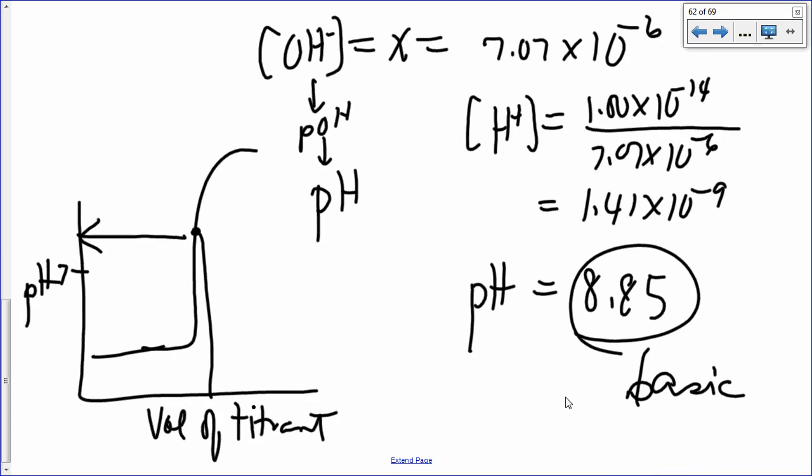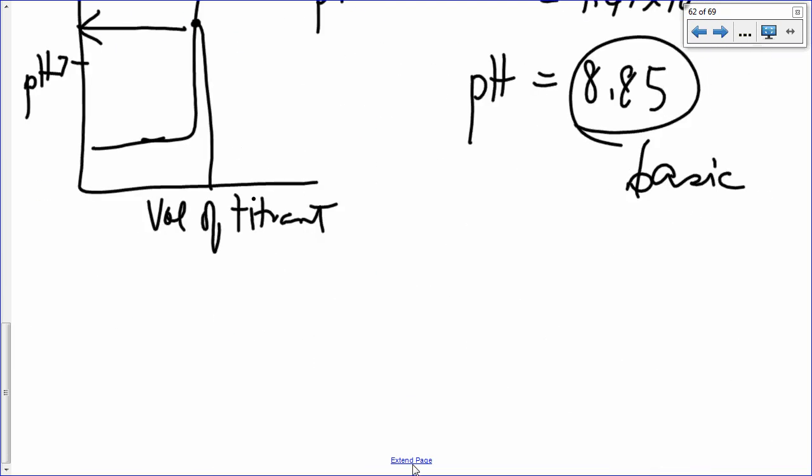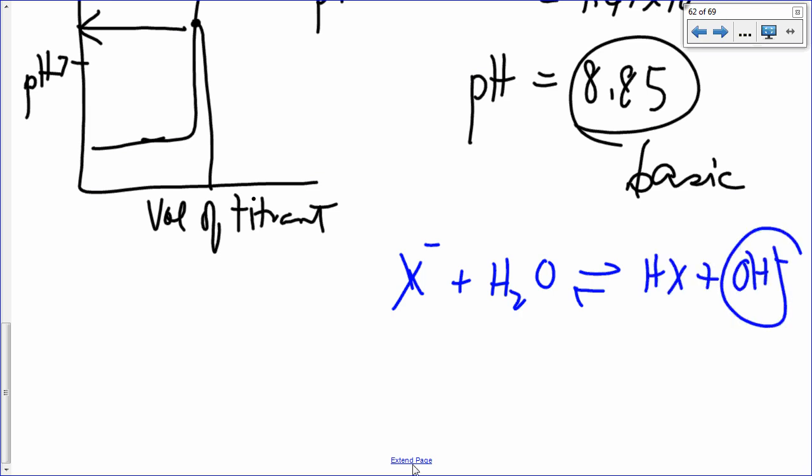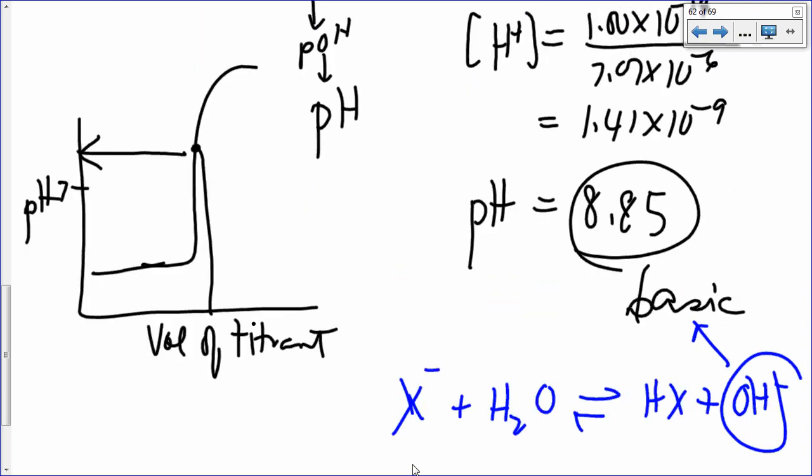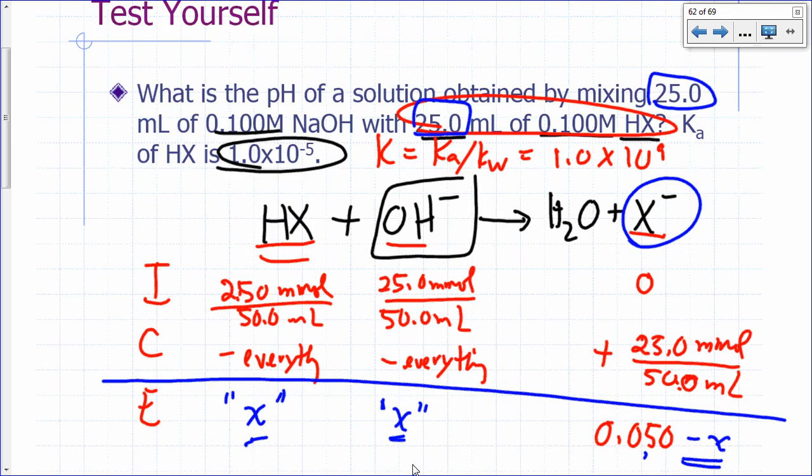The way you explain that basic pH at the equivalence point is, you say the major species that you have is X minus, and that reacts a little bit with water to give you HX plus hydroxide. And so that explains your basic pH. Okay? So that's what happens at the equivalence point.